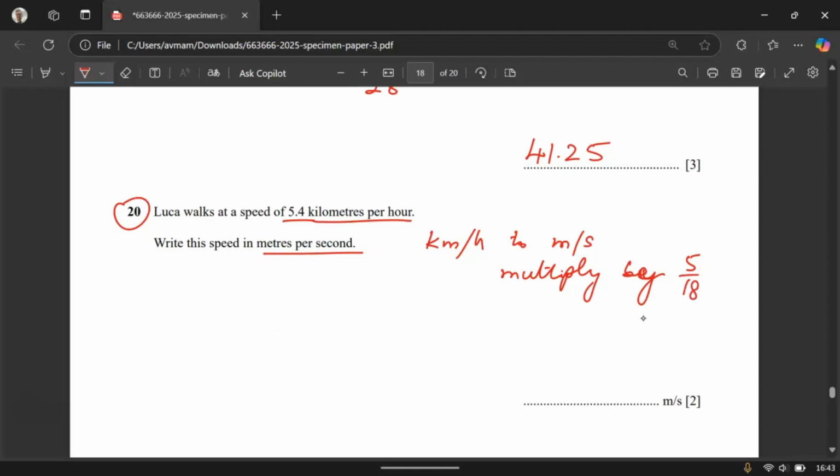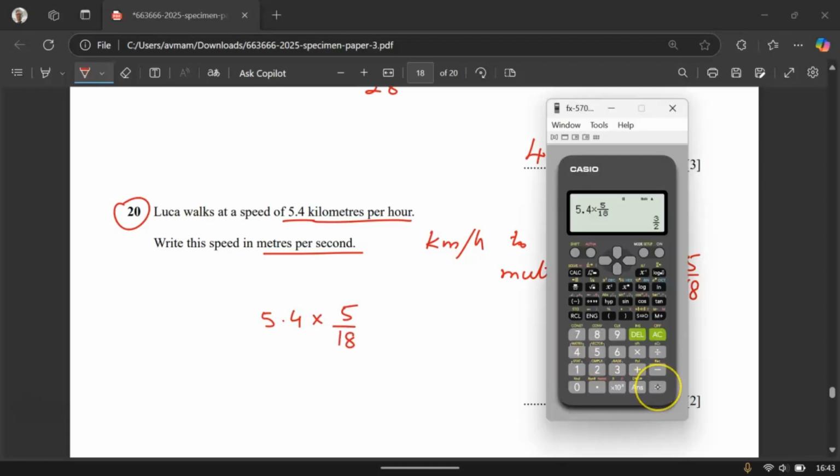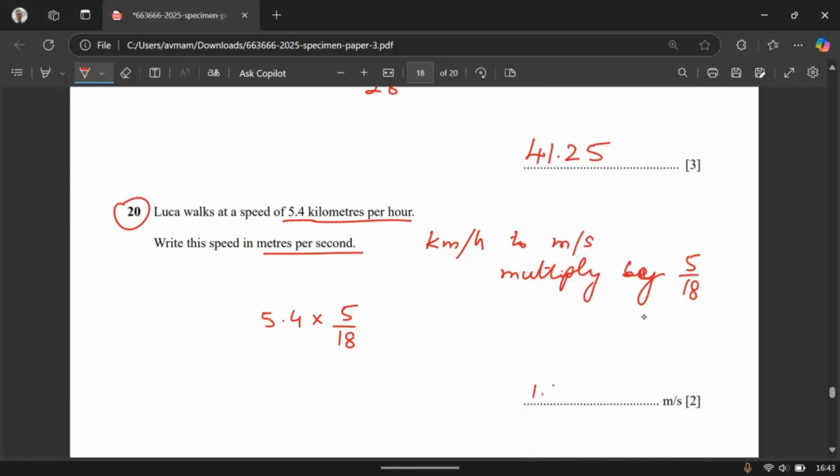Okay, so 5.4 times 5/18, and this will give us 3/2, that's 1.5 meters per second.